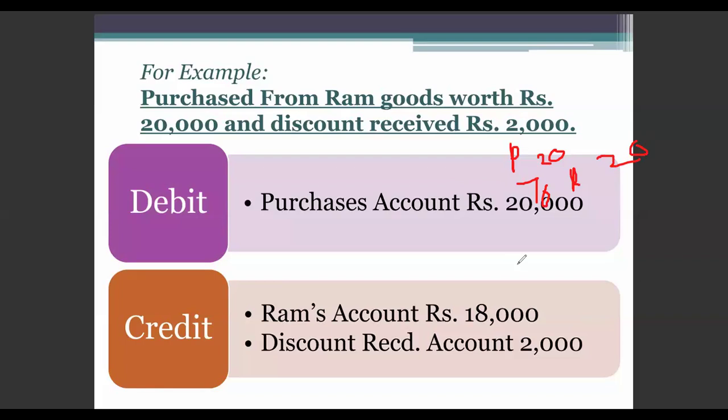The second entry is about recording the payment, because when I'm paying, I'm settling the account. So the entry which I will pass is Ram account debit 20,000, to discount 2,000 and to creditors 18,000.